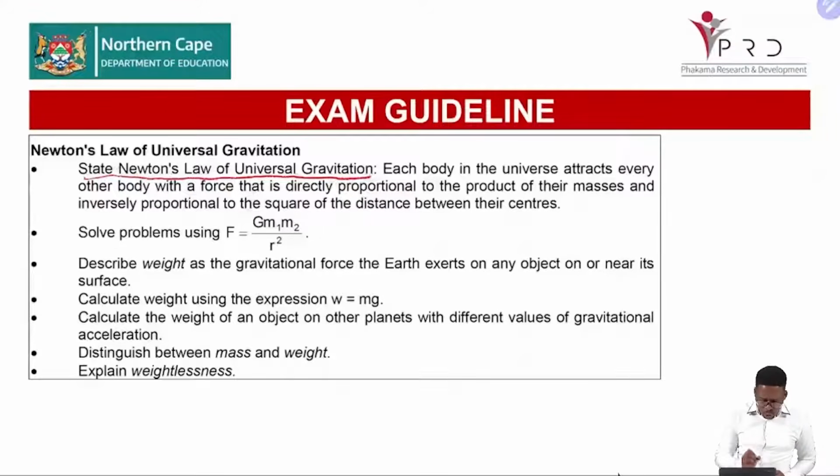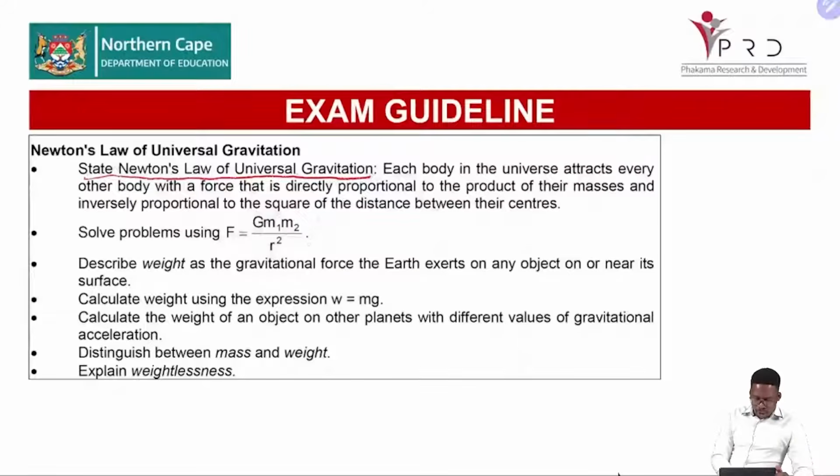So, Newton's law of universal gravitation: you must tell us that each body in the universe attracts every other body with a force that is directly proportional to the product of their masses and inversely proportional to the square of the distance between their centers.